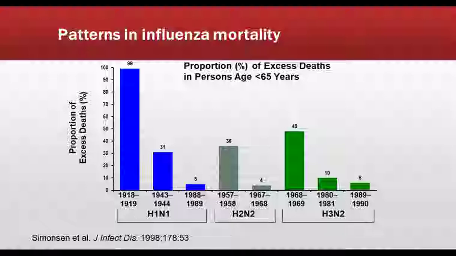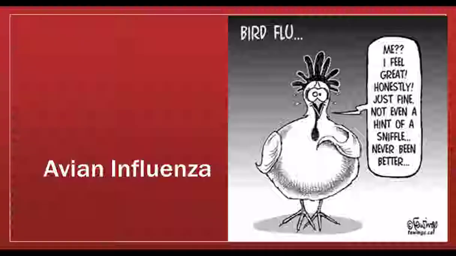You look 30 years, 25 years in the future, still a third of the deaths occurred in people under 65, and then the recent H1N1, you're back to baseline. The Asian flu in 57-58, more than a third of deaths in that first year occurred in people under 65. The Hong Kong flu, almost half of deaths occurred in people under 65. So it's a very different pattern than you see with seasonal flu.